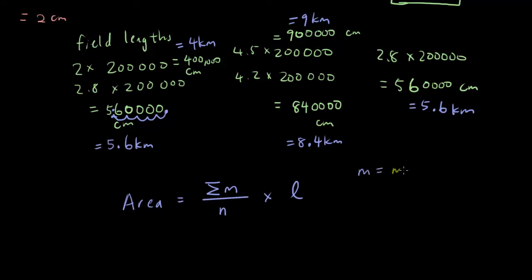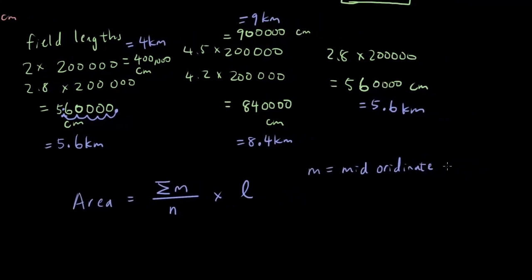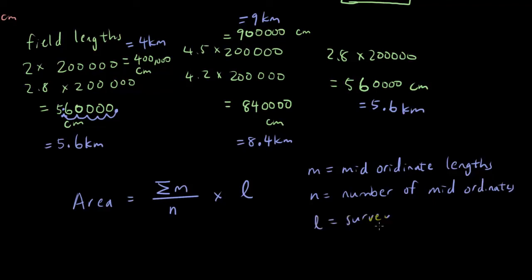M is the mid-ordinate lengths, N is the number of mid-ordinates, and L is the survey line length.